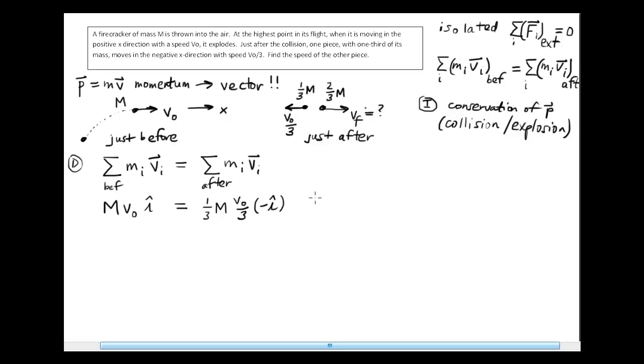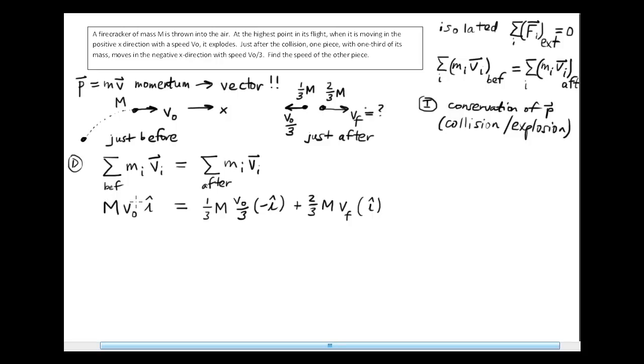Then there's the other fragment, plus 2/3 m. It has to be 2/3 because 2/3 plus 1/3 equals 1, which is the total mass initially before the explosion. So it's 2/3 m v final, and we know it's to the right, so that's in the positive i hat direction.